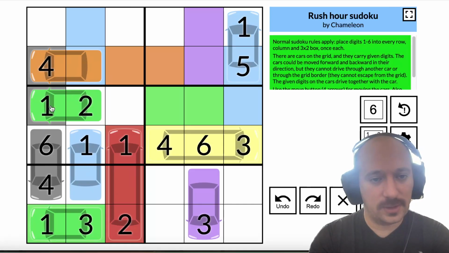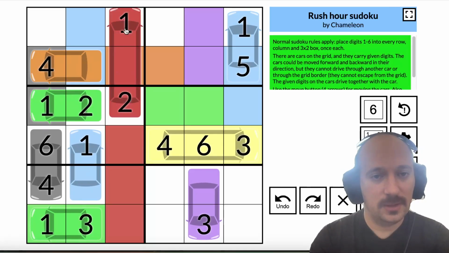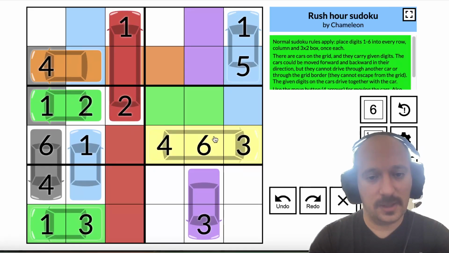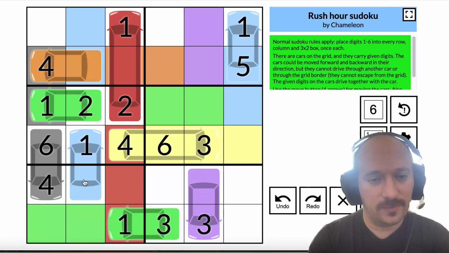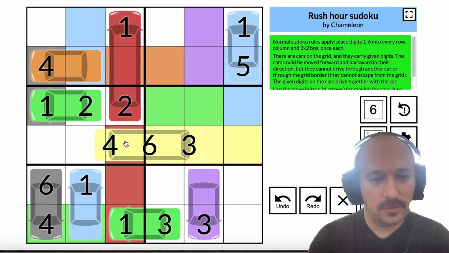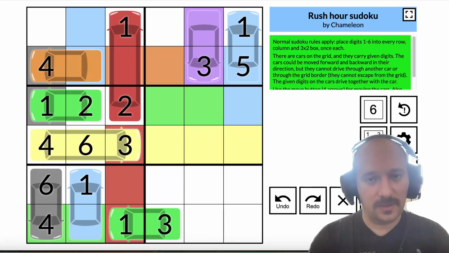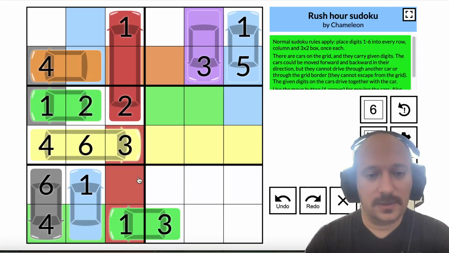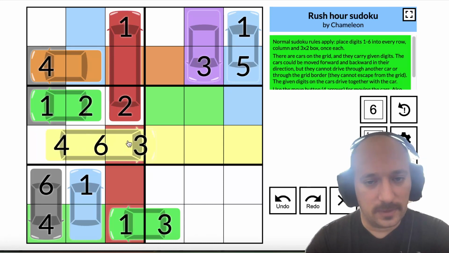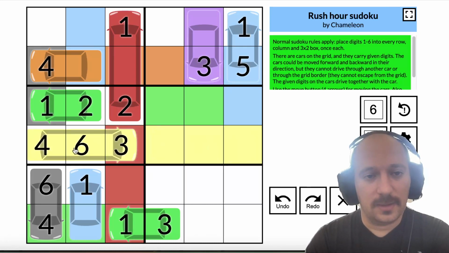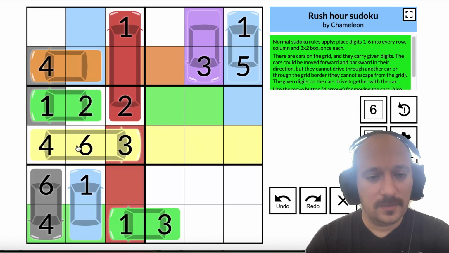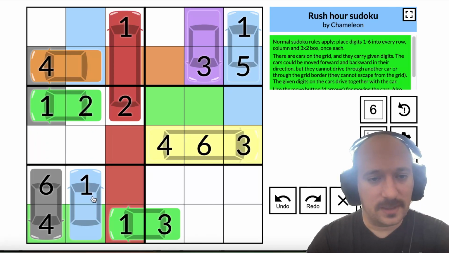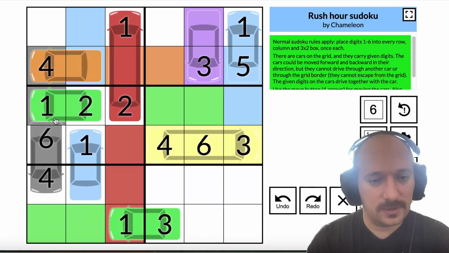Now orange sorted out, green sorted out, this one like that. We need to free the room for the yellow, and now we finally moved it here. And now it's easy enough to just do it intuitively.